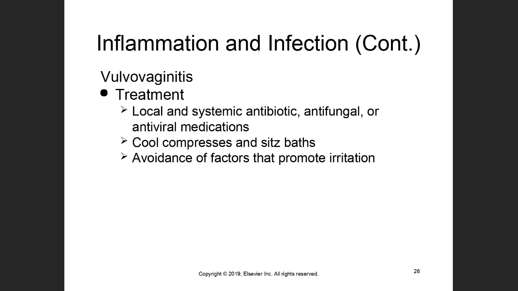Those are the three that produce vulvovaginitis. If you have Candida albicans, you have to give antifungal. If you have the other two, Gardnerella vaginalis and Trichomonas, you give the patient metronidazole.